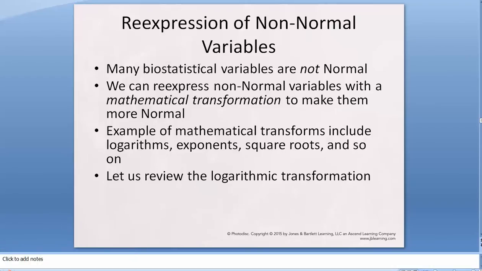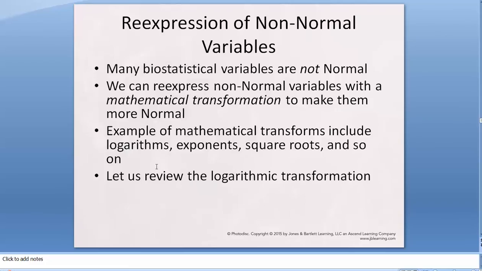What it is saying is, now this is an important feature, but you may learn this in a higher biostat class. Lots of times, or not lots of times, a good amount of biostatistical data may not be normal. Then you can do transformations like logarithms.